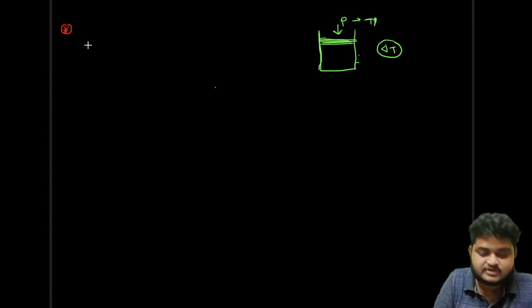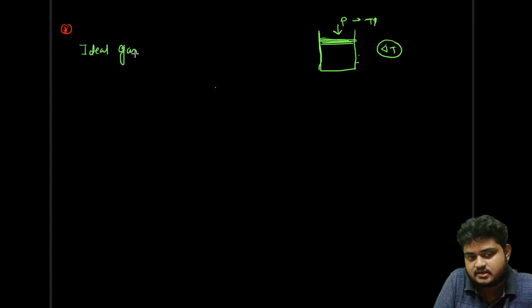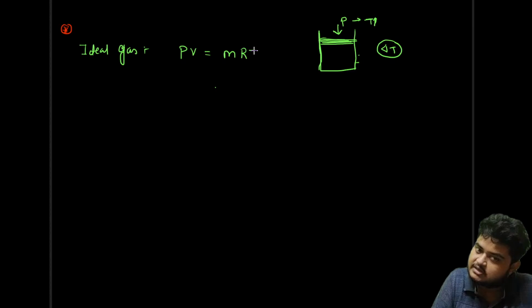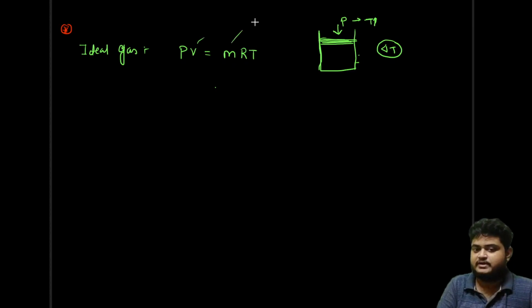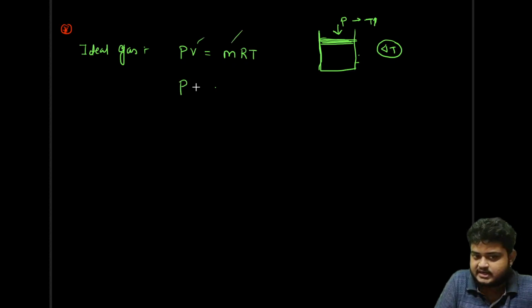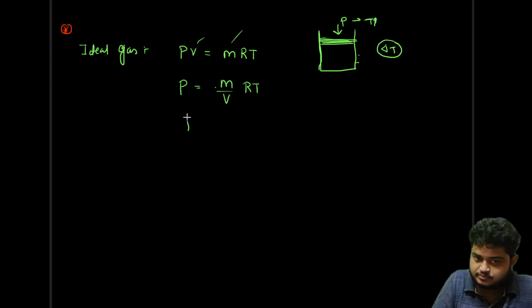What is the equation for an ideal gas? It is PV equals mRT, where V is the volume and m is the mass. So we can write this as m by V times RT, so P equals rho RT.